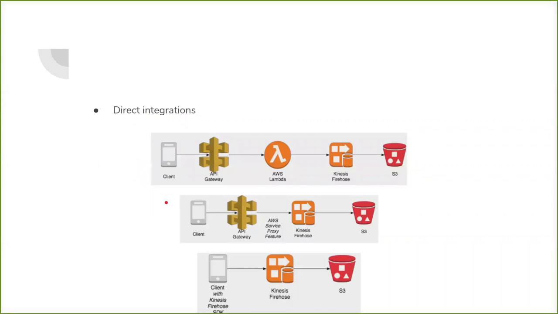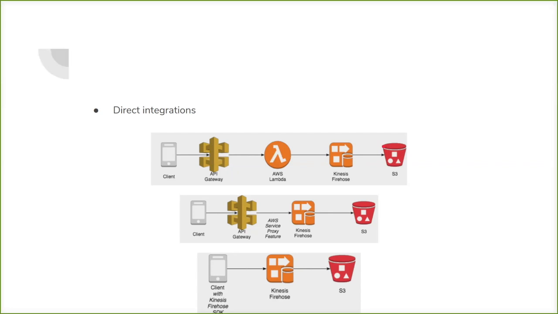And when it comes to serverless applications, there are different ways to use the services to get some functionality done. So in this case, imagine we want to capture the click usage in our application. One of the practices that we can use is to get the mobile client to send those requests into API Gateway and use a Lambda service to process these click events, and then push to Kinesis, and ultimately push it to S3.